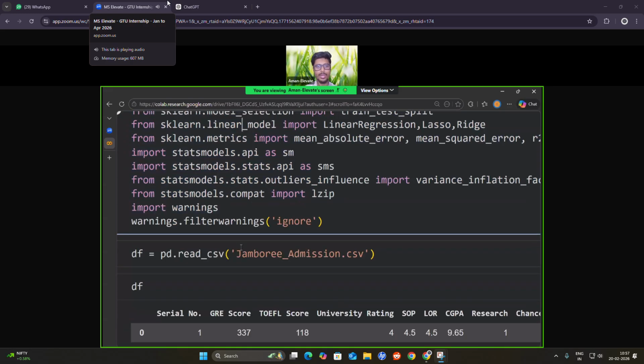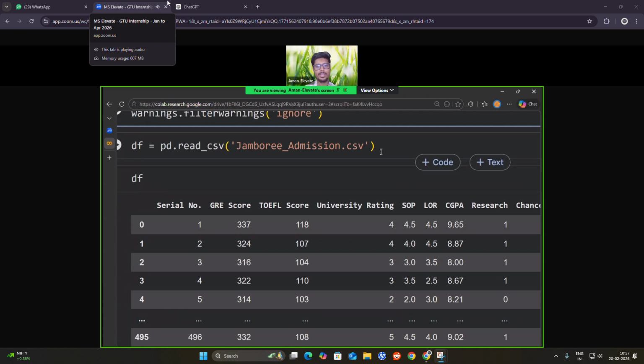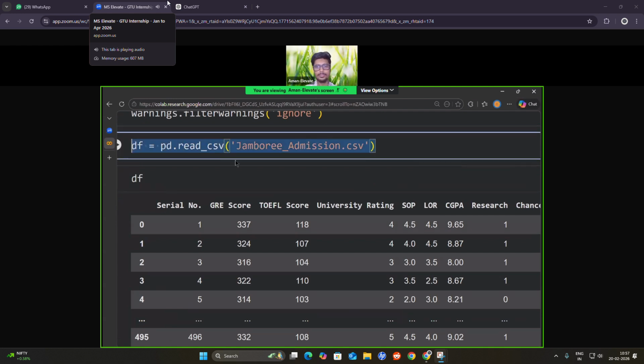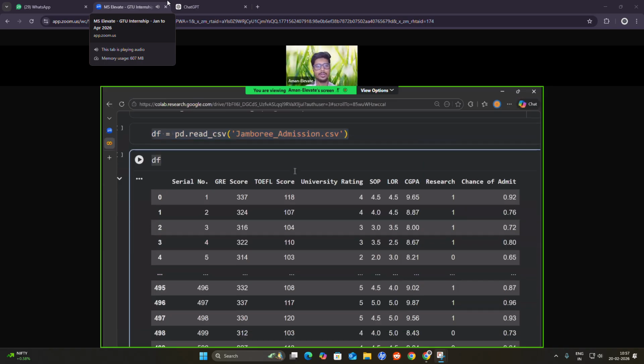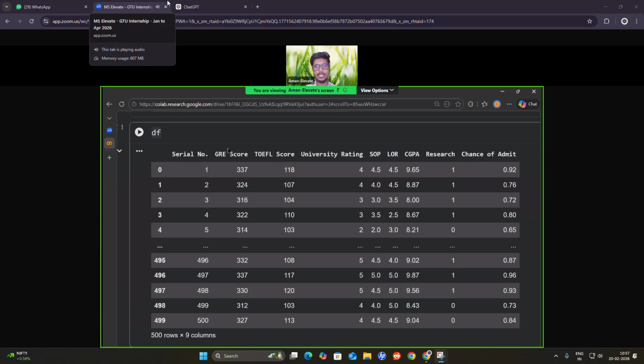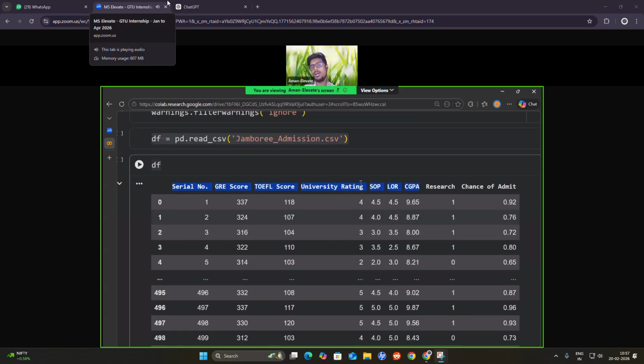This is the Jamboree admission data. There's an exam called Jamboree, and in that exam a lot of different types of scores and other things are required. After submitting all these scores, your selection process starts, and still not everybody gets selected.